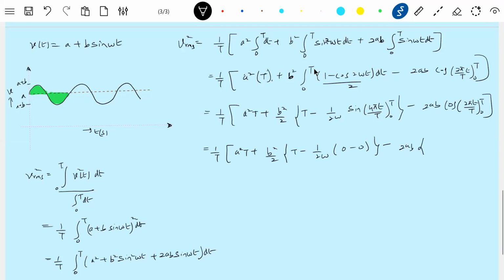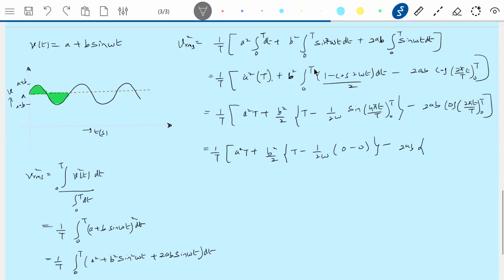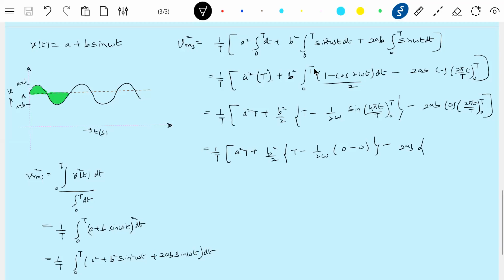Cos 2 pi will be 1. Cos 0 will also be 1. So here also we will end up with the same thing. I think by this time you should be strong enough in such calculations. The integral of this will be 0. The integral of this will be 1 by 2.